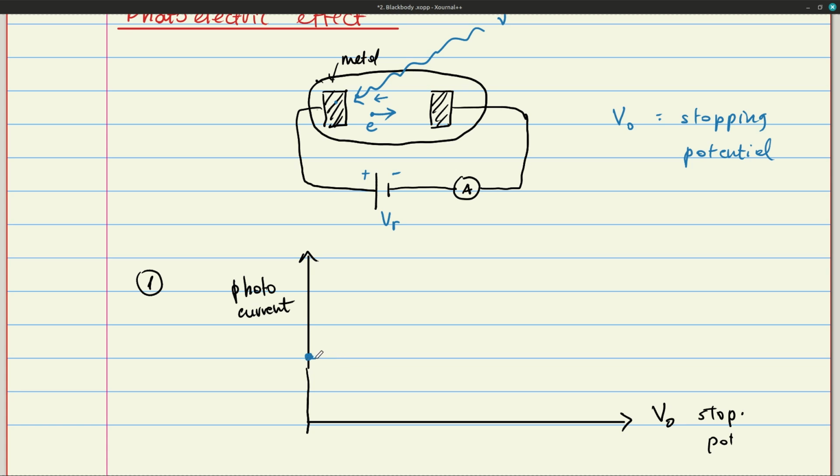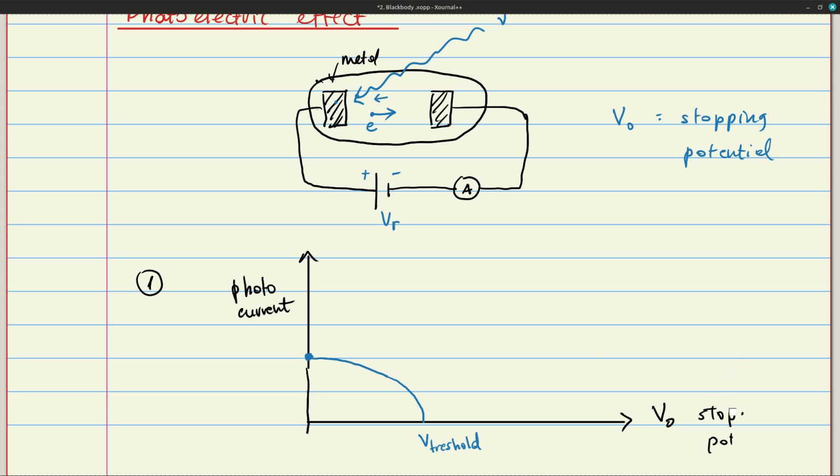And as you increase the stopping potential, slowly you reduce the current. And at some point there's a threshold. Let me call this the threshold voltage, at which point there is no current at all. The reading in the ammeter is 0.